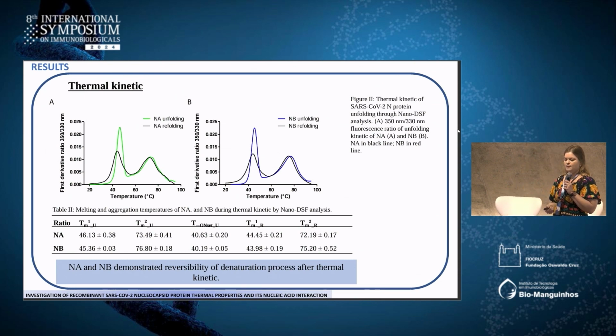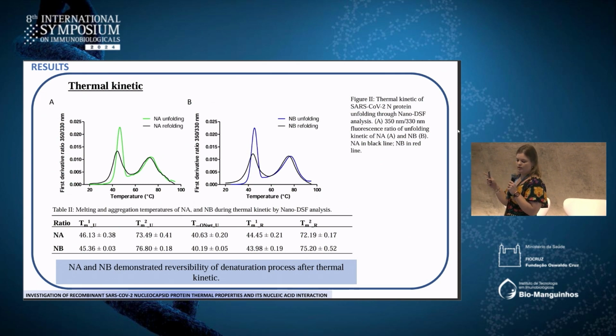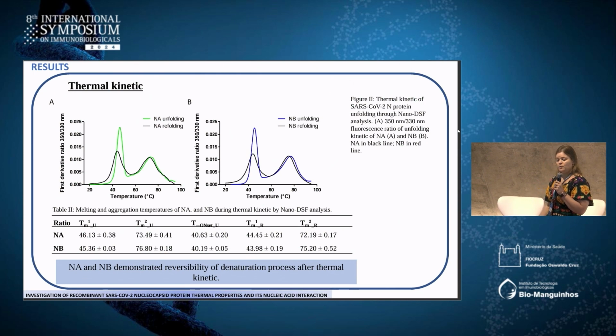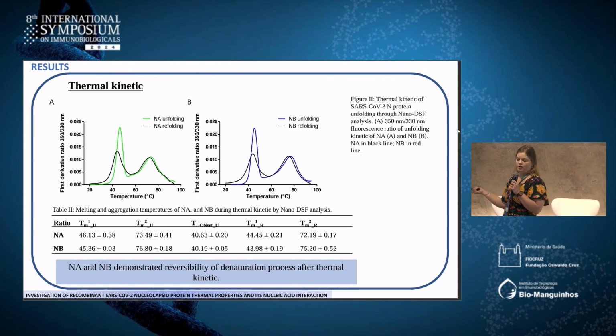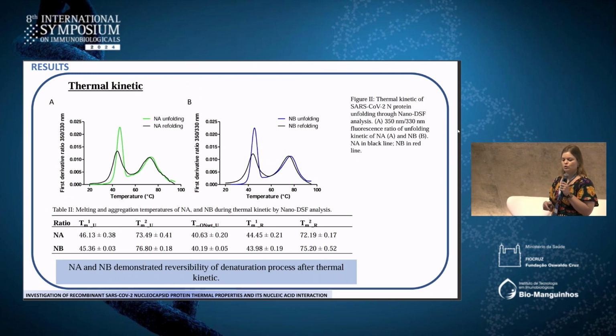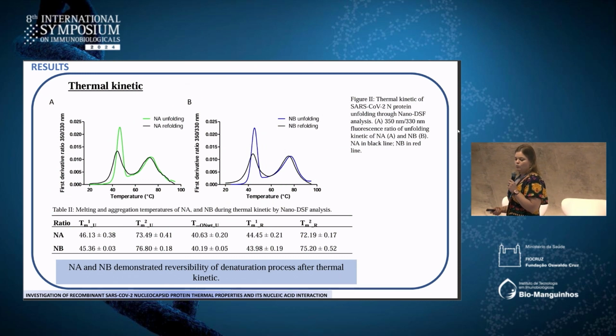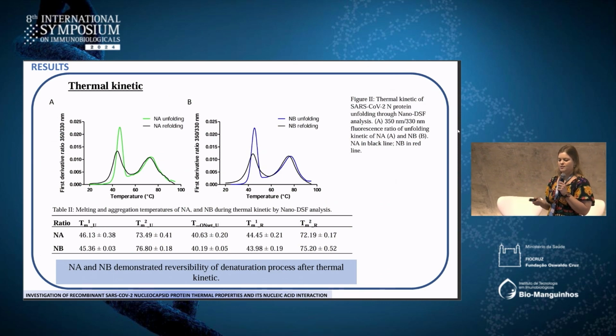To investigate more the thermal kinetics of protein N, it was submitted to a fluorometric scan, where the protein presented, as we can see in figure A, two transitions shown in green from 25 to 90 degrees. With the renaturation, we could also observe two transitions with similar values, showing that this protein has the capacity of reestablishing its tertiary structure, and the same was observed for protein NB.